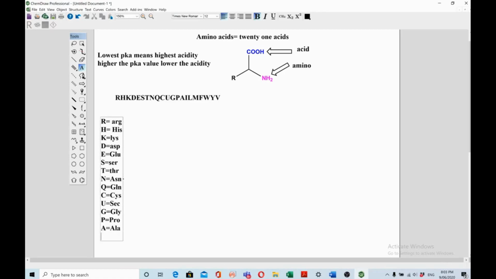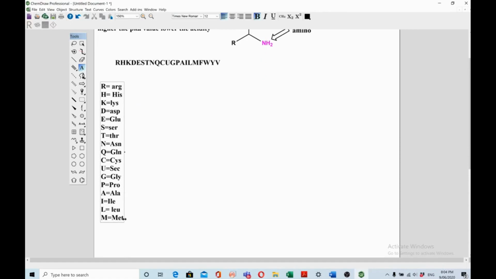Then A is alanine, ALA. I is isoleucine, ILE, a capital I. Next is leucine, LEU, and methionine is M, that is MET.